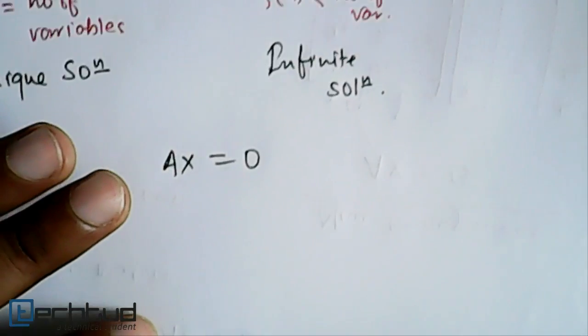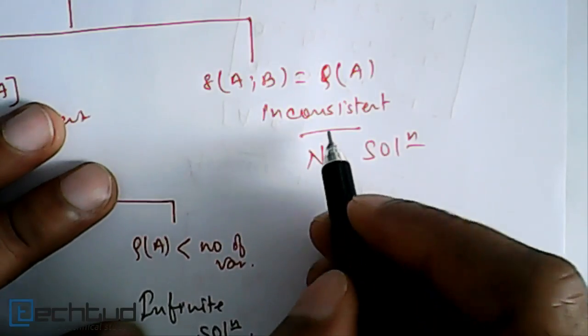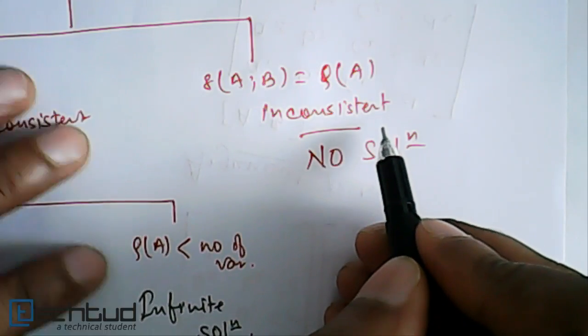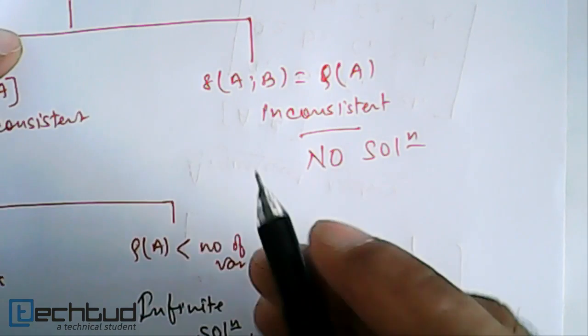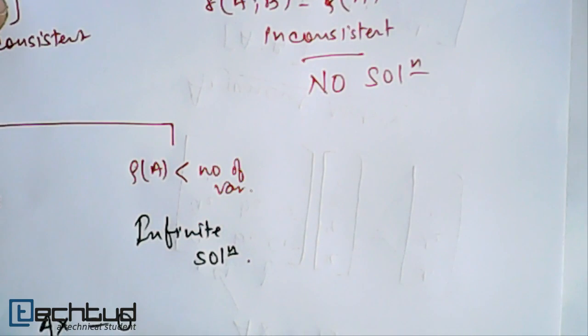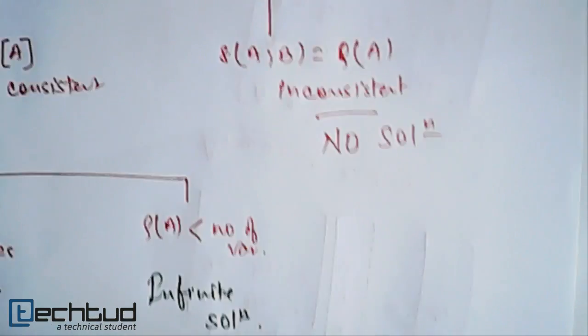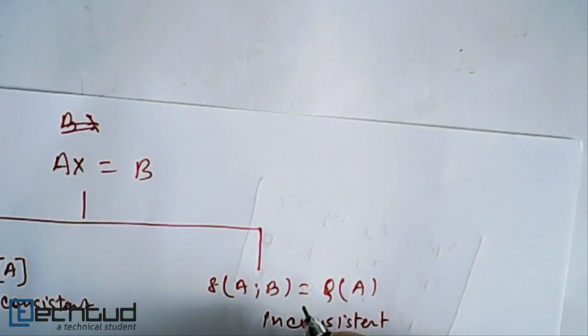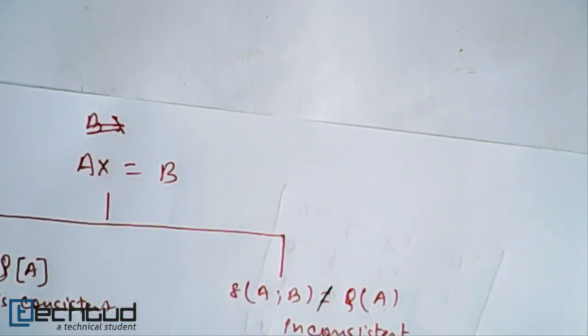Well, the no solution condition comes when the system is inconsistent, right? So the rank of the augmented matrix is not equal to the rank of the coefficient matrix.